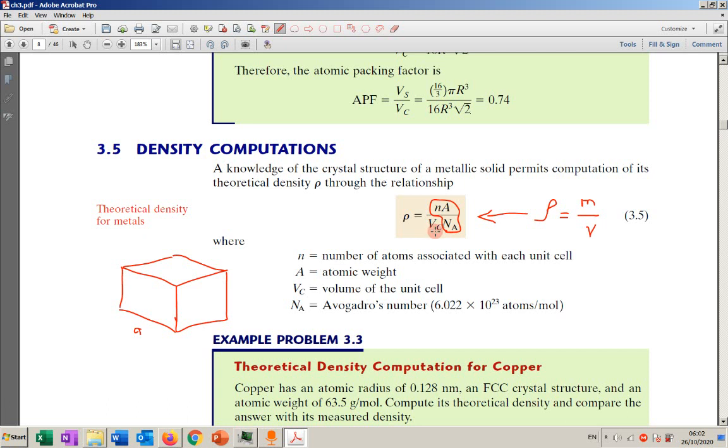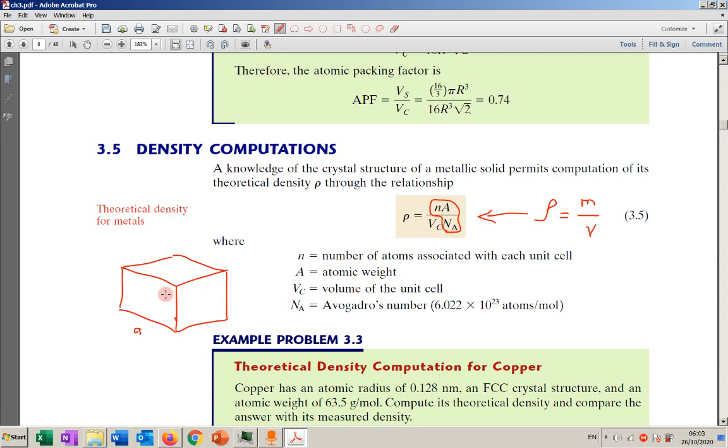Now the other part is that we want to know the atom weight, or the atom mass, within this unit cell. This should recall the number of atoms within each unit cell. We said for simple cubic, the total amount of corner atoms was equal to one atom.